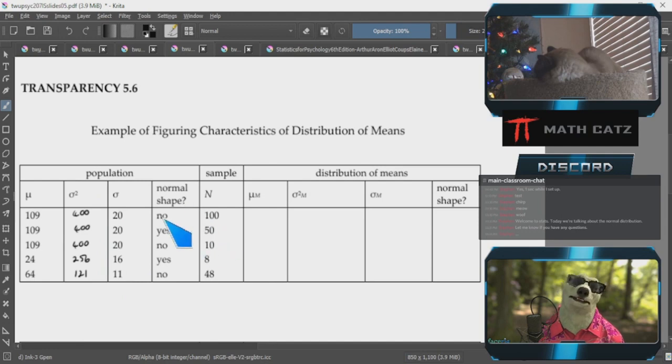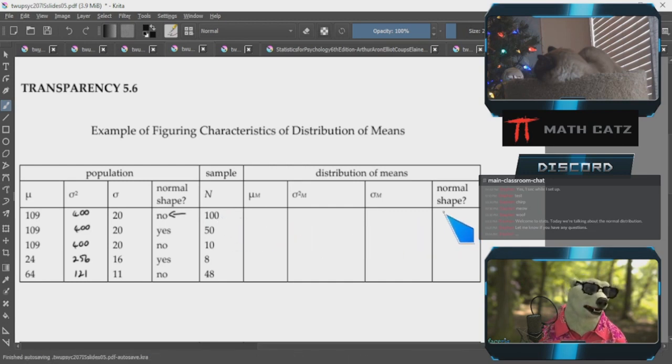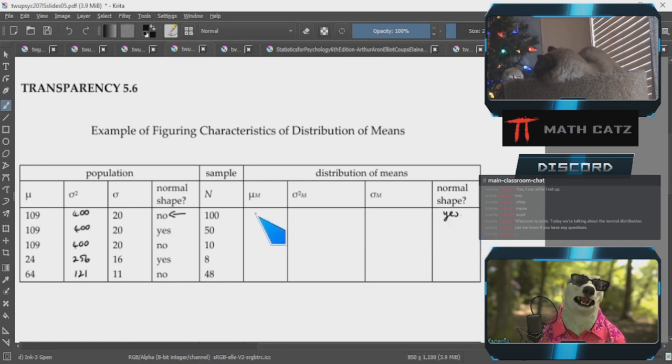Okay, so let's look at this one. If the shape or the distribution of the population of individuals is not normal, some other distribution, but my sample size is big enough, then the distribution of means will be normal. Its parameters, the mean is the same.